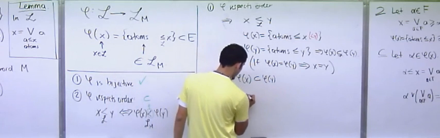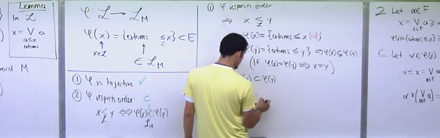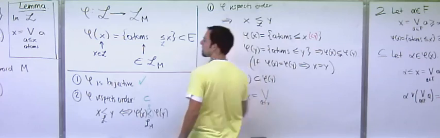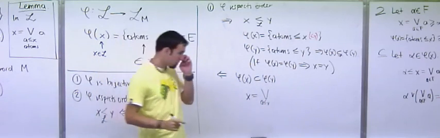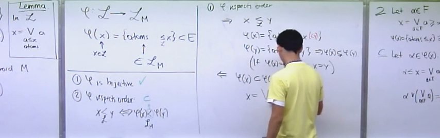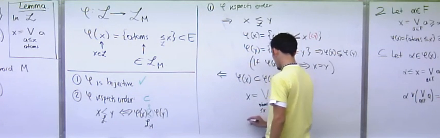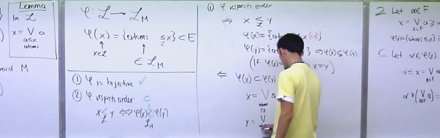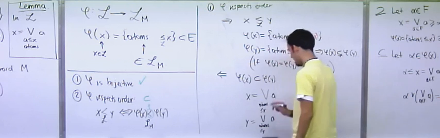Because of this lemma here, x is the join of the atoms less than or equal to x, and y is the join of the atoms less than or equal to y.